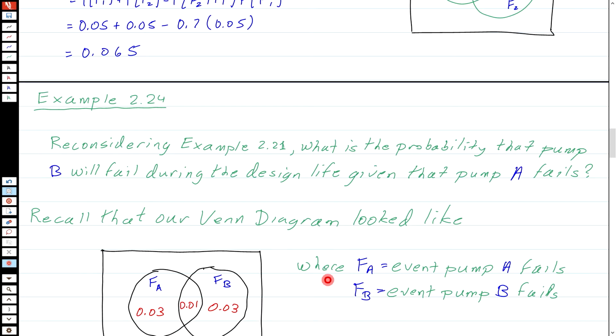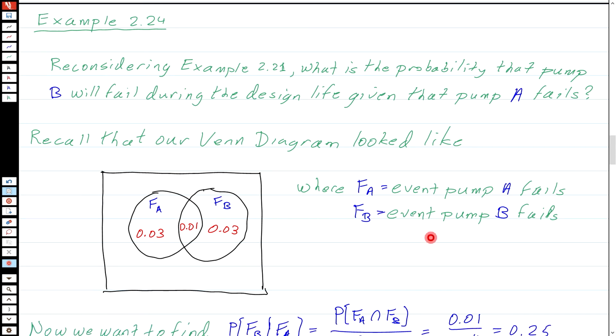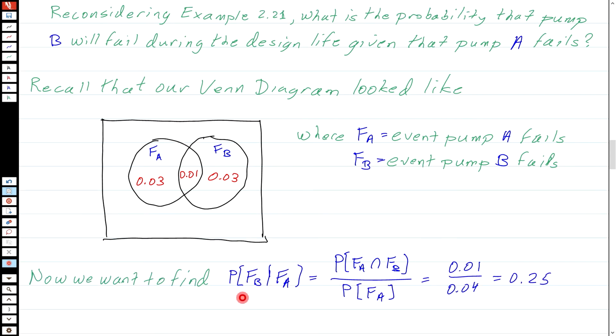Okay, let's look at another example. If we reconsider example 2.21, and that's the one about the pumps, what is the probability that pump A will fail during the design life given that pump B fails? What is the probability that pump B fails given that pump A fails? Recall our Venn diagram looked like this, where FA was the event that pump A failed, FB is the event that pump B failed. So we're looking now for the probability that the B pump fails given that the A pump fails.